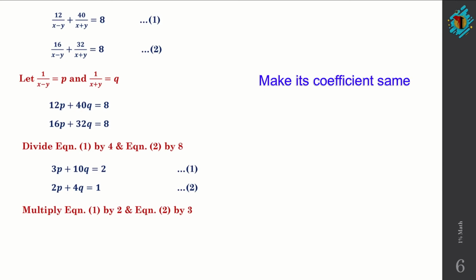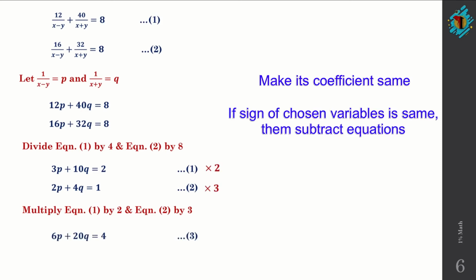Then I can easily go for cancellation. So let me multiply it first. When I multiply, I am going to get the equations 6p plus 20q is equal to 4 and 6p plus 12q is equal to 3, which are our equations 3 and 4.